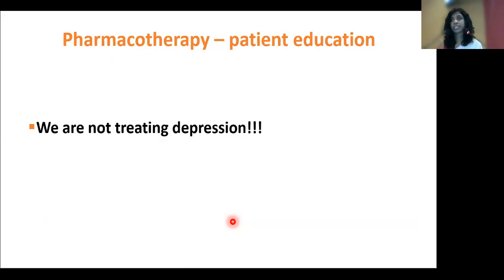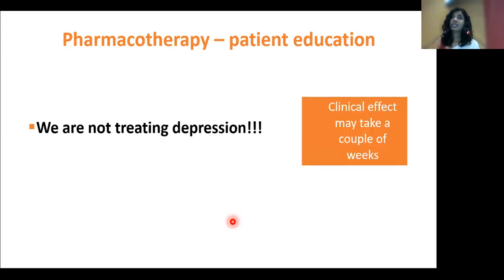We are not treating you for depression, because that label of depression carries stigma, and patients' compliance will depend on the advice that you give them. And the other thing is to tell them that it might take a little time to act. Give it a couple of weeks, and then we'll see how you're doing.